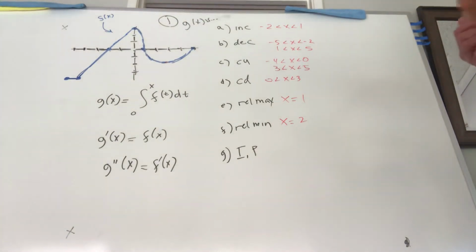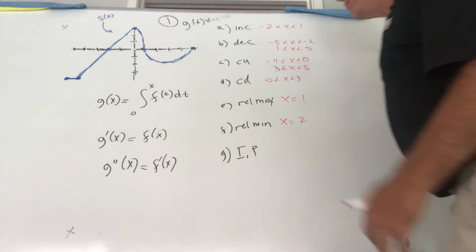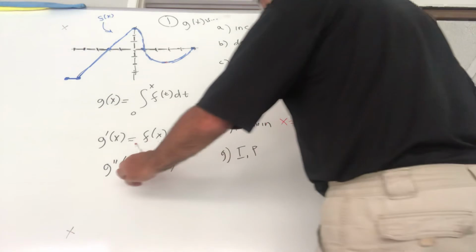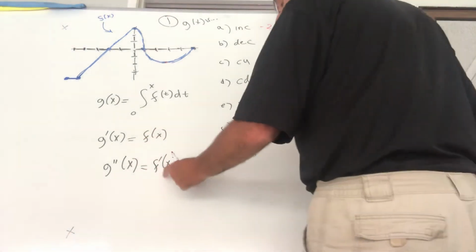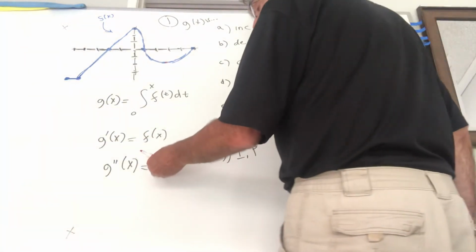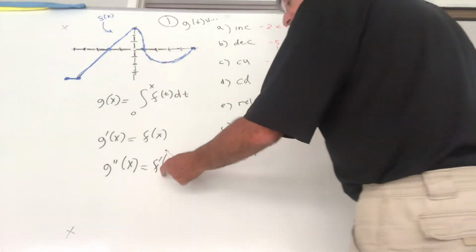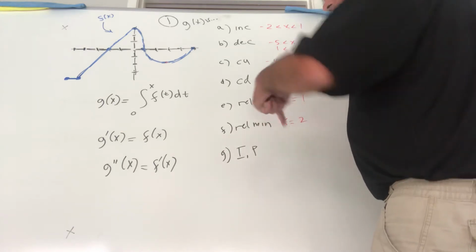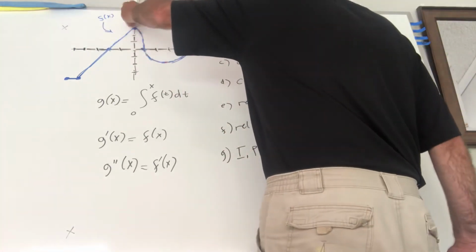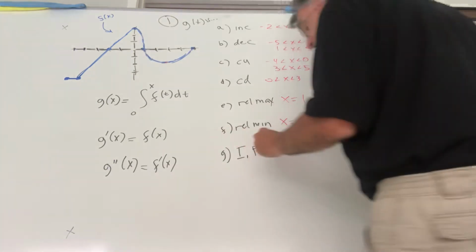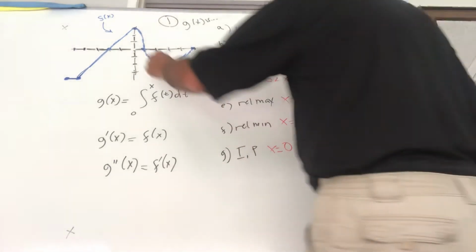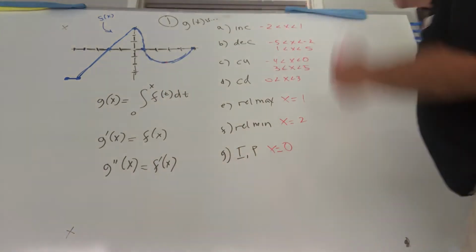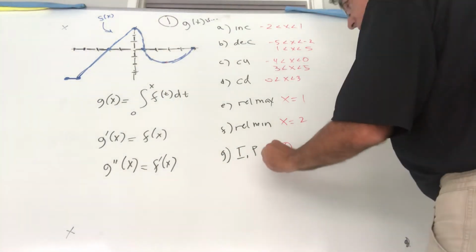Now, where would the inflection points be? The inflection points are going to be when the second derivative changes signs, or when f's derivative changes signs, and that would be when f changes from increasing to decreasing. So increasing to decreasing, right there at 0, and then here is decreasing and then increasing, so right there at 3.